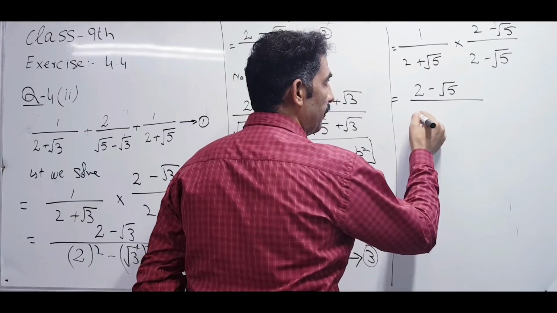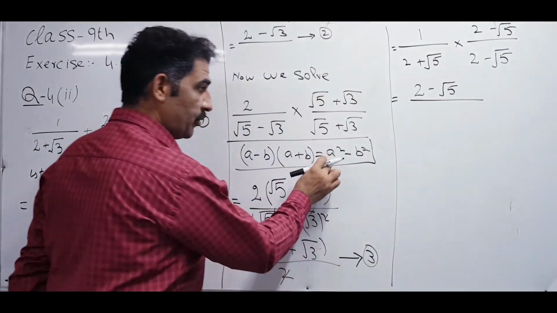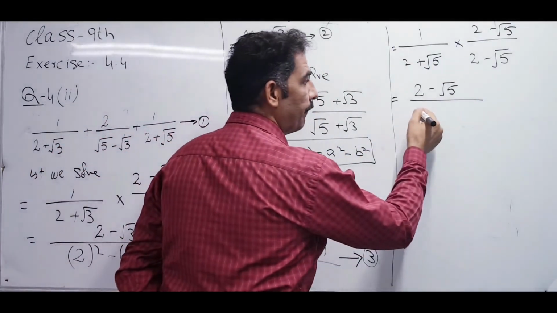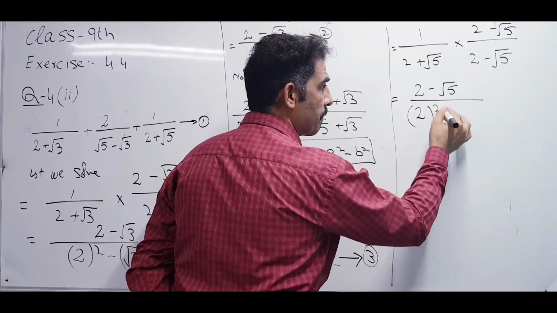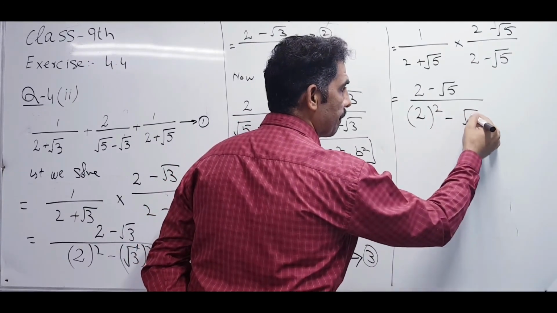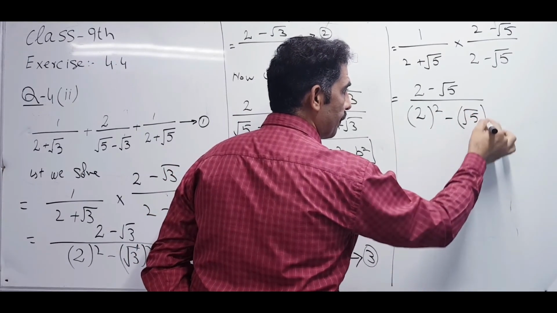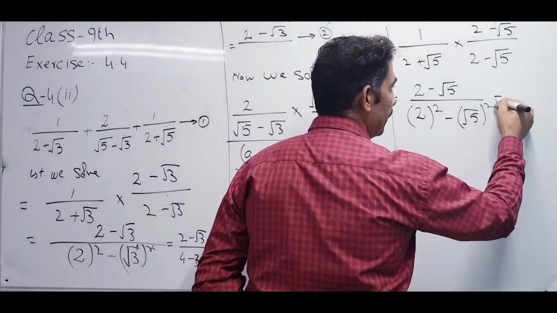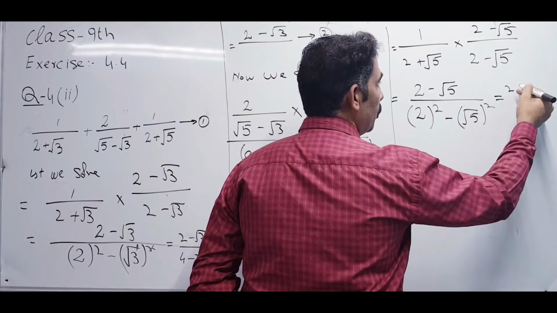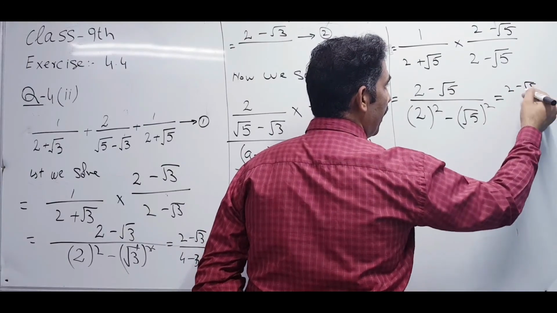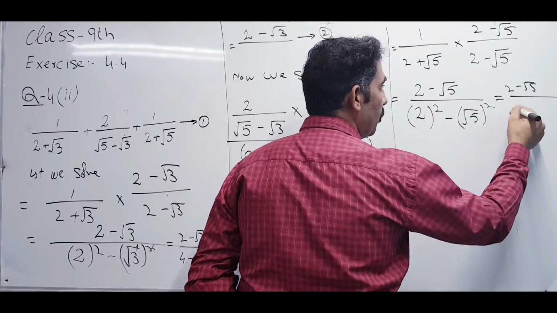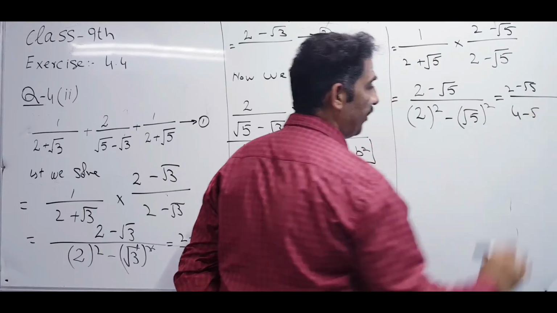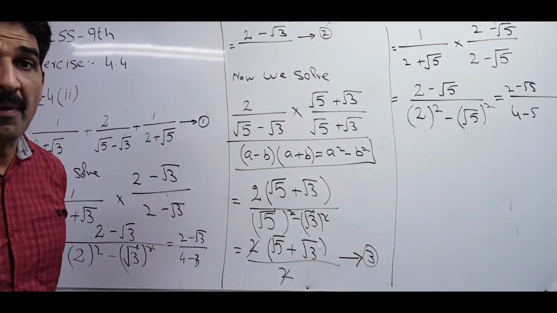So square of first element, a square minus b square. So what we will get as the answer, I am writing here. Next one is 2 minus root 5 over square of 2, 4 minus 5. 4 minus 5 is minus 1.